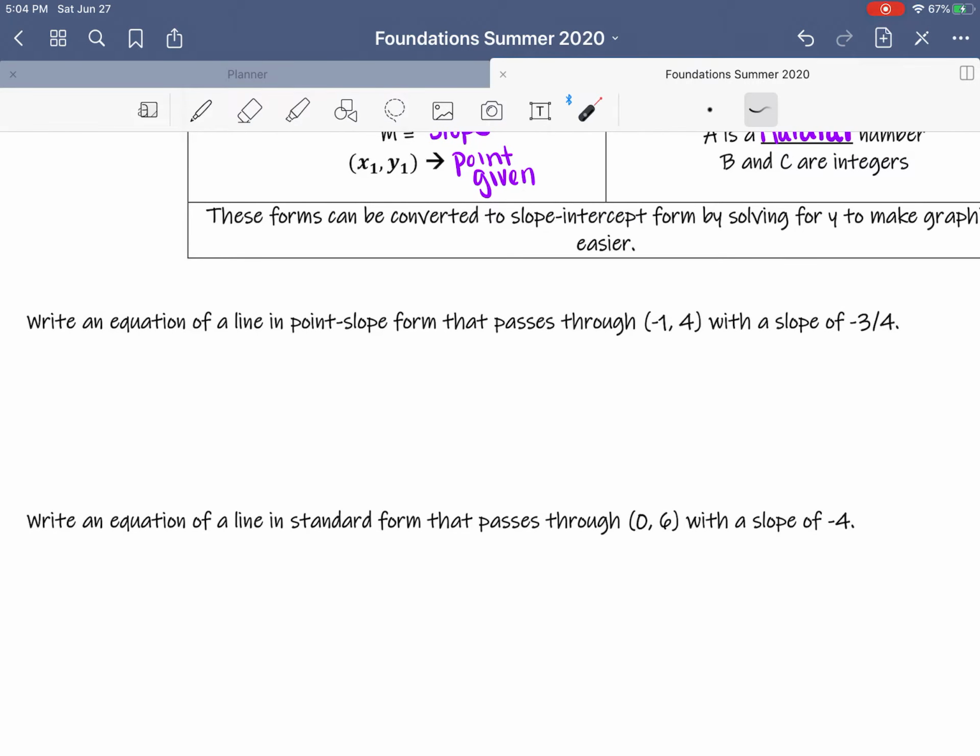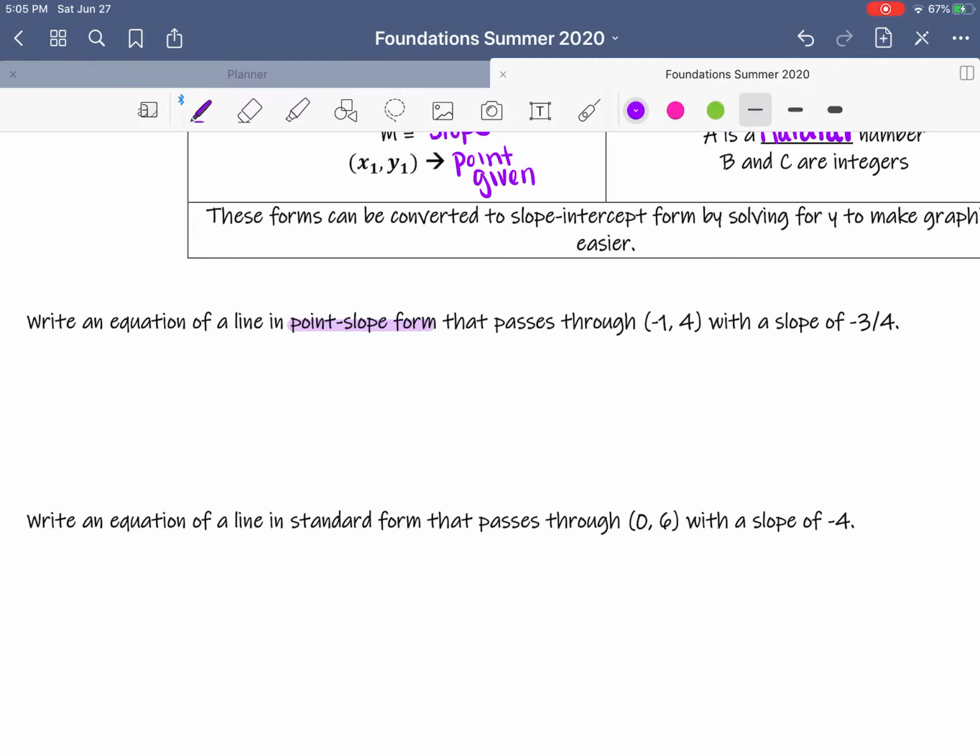Before we get started, I want to introduce you to these forms and what they look like. So let's write an equation of a line in point-slope form that passes through -1, 4 with a slope of -3/4. So the first thing is that it is in point-slope form.